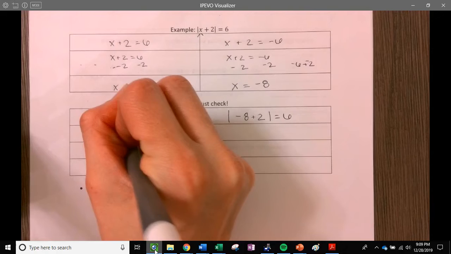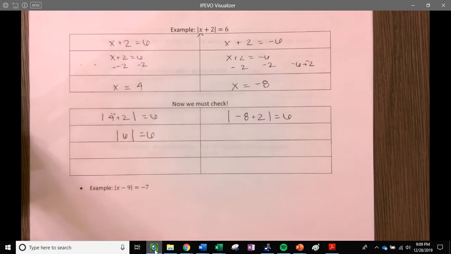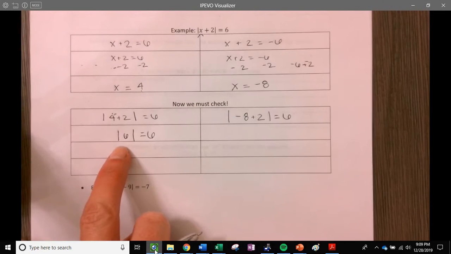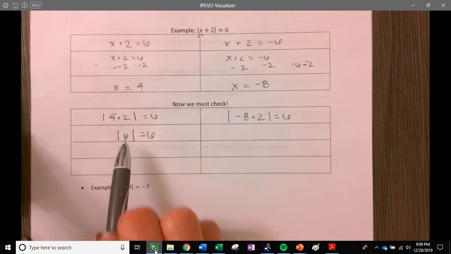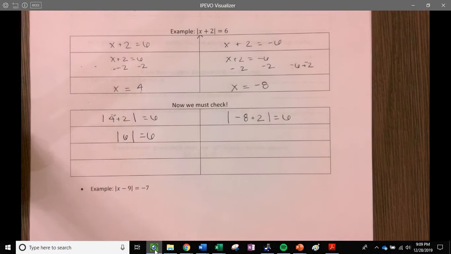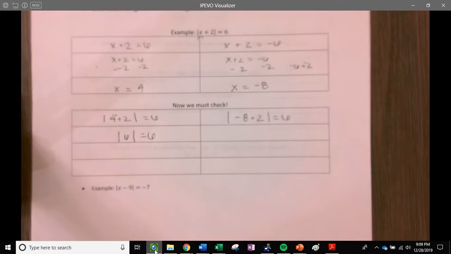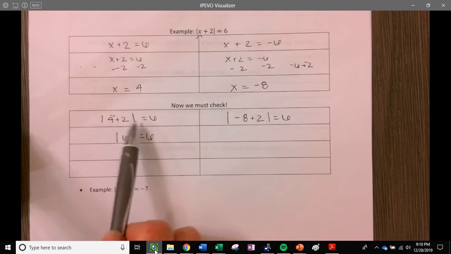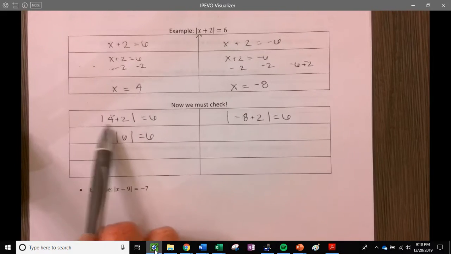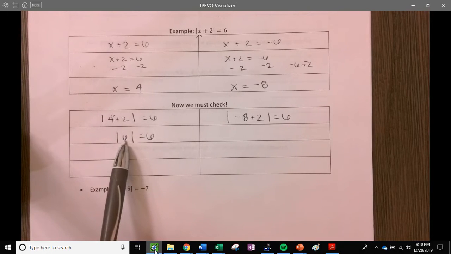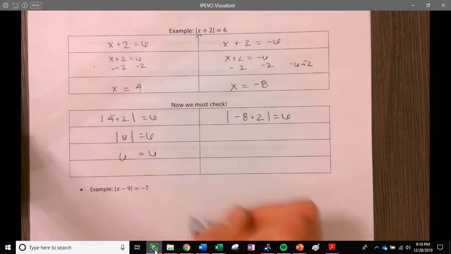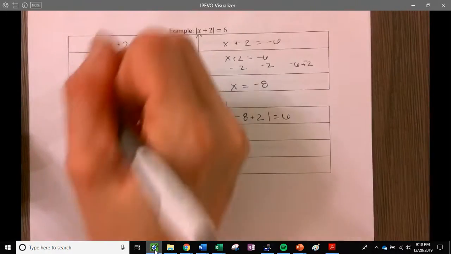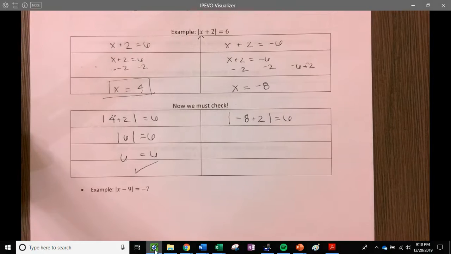When there's only one term inside those brackets, that's when we are allowed to drop them. We can't drop it right here and say 4 plus 2 equals 6. We have to continue on, combine like terms. We get the absolute value of 6 equals 6. Drop the brackets. 6 equals 6. Yes, that is correct. So x equals 4 is one of our solutions.